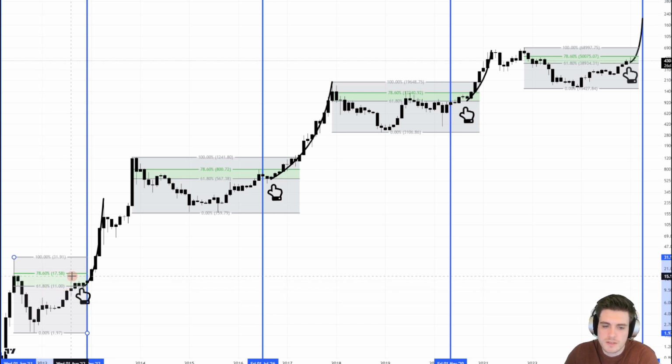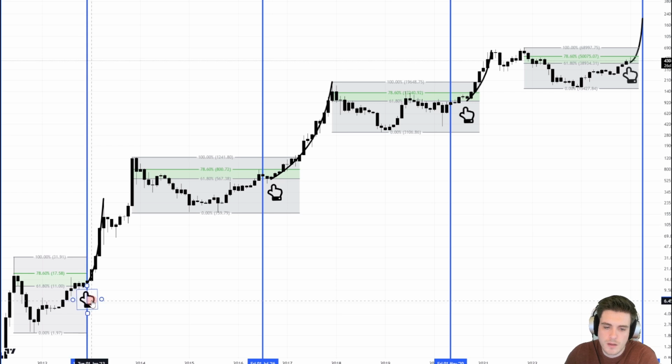We always see it wick into this green zone and then test it back, and never close a monthly candle below the 61.8% level.